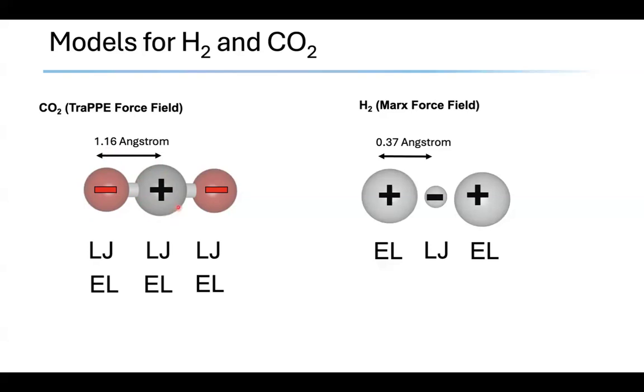The partial charge of carbon is positive, with a charge equal to 0.7 times the electron charge. The partial charge for oxygen is minus 0.35 times the magnitude of the charge of an electron.